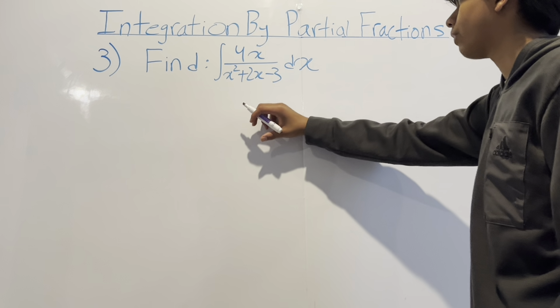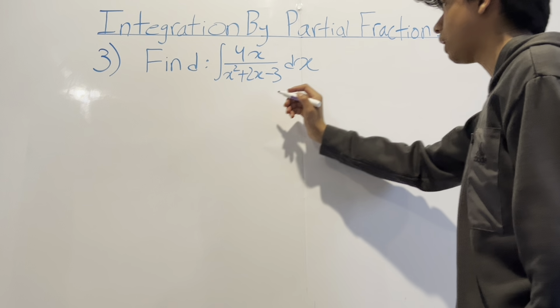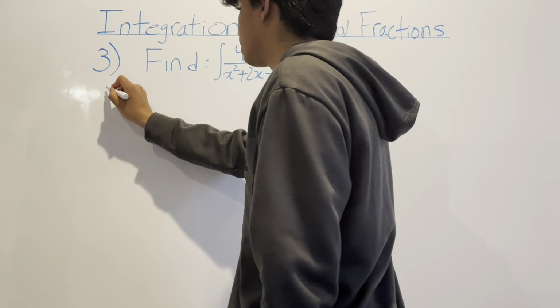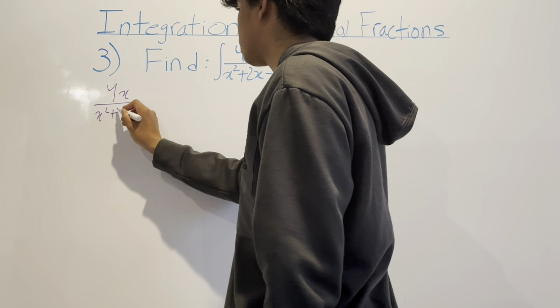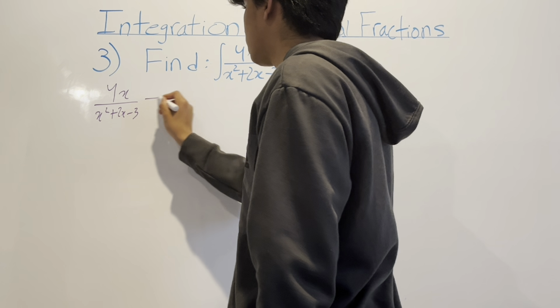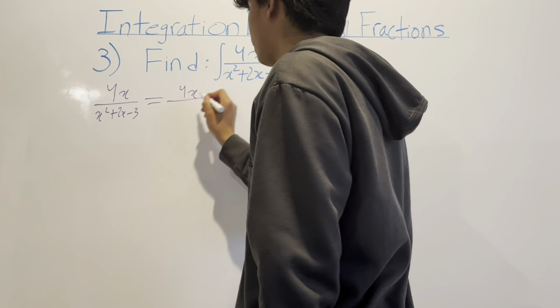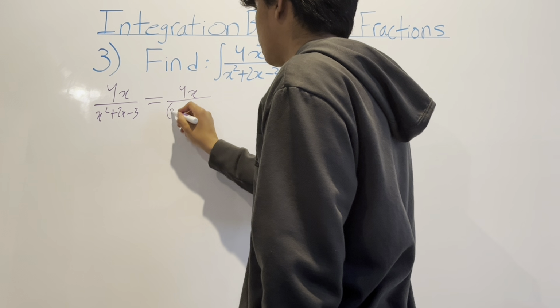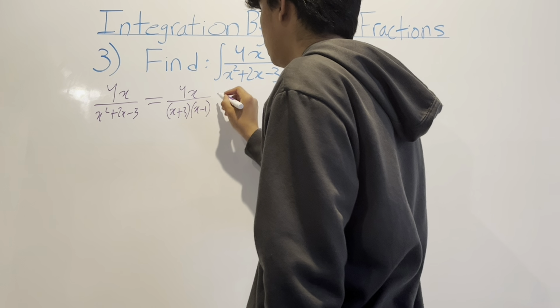Question 3, we have: find the integral of 4x over (x squared plus 2x minus 3) dx. So the function we have is 4x over x squared plus 2x minus 3. And this is equal to 4x over, if you factor the denominator, (x plus 3) times (x minus 1).